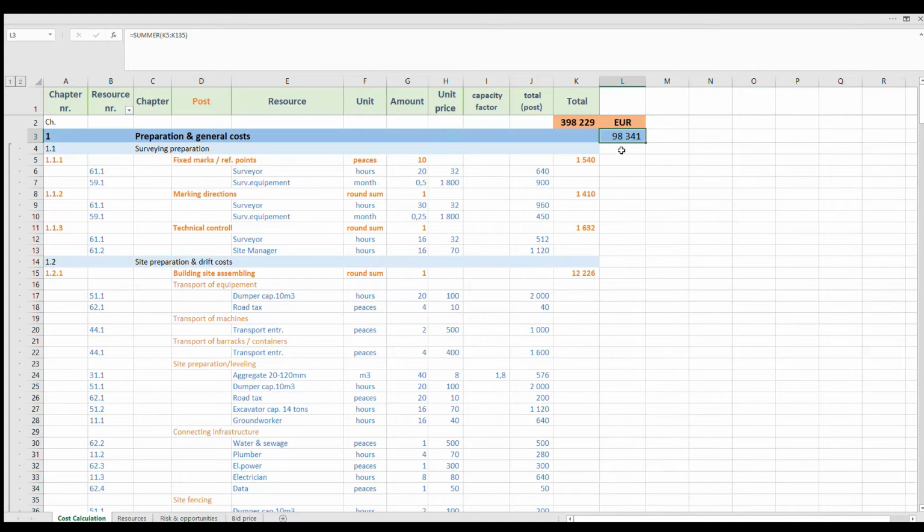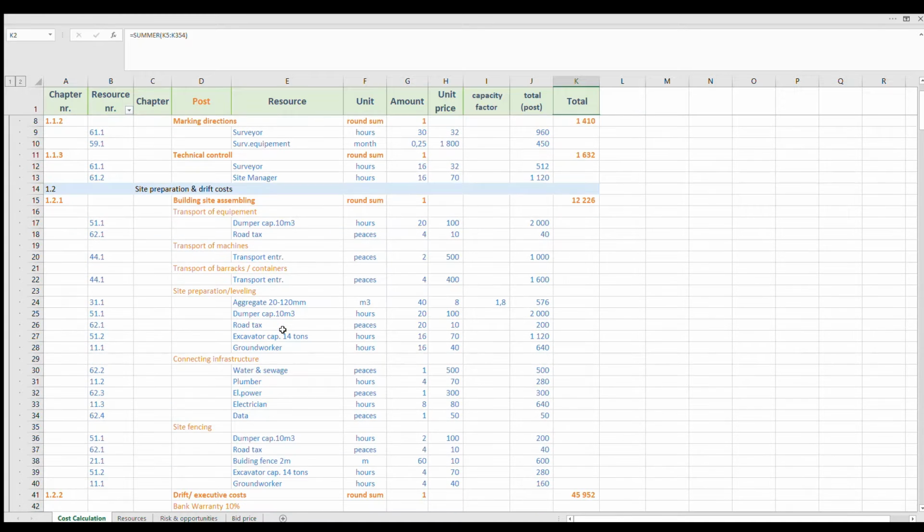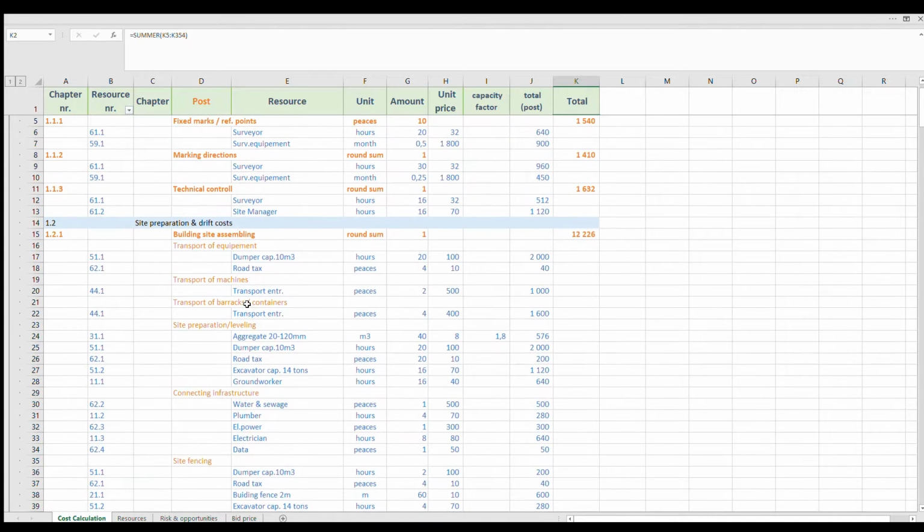As you can see here, it makes like 25% of the whole cost of the whole project. But there are so many things that we can just not think about. So don't rush. Just use your time and think very carefully about all these processes here.